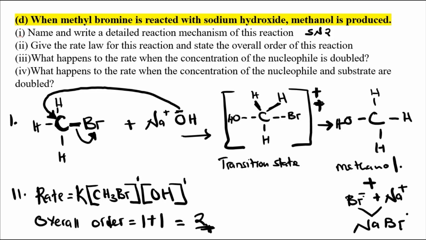Number 3 says, what happens to the rate when the concentration of the nucleophile is doubled? So you double the concentration here. Instead of 1, you just put 2 here. So what will happen to the rate will just be 1 times 2, so it will double.